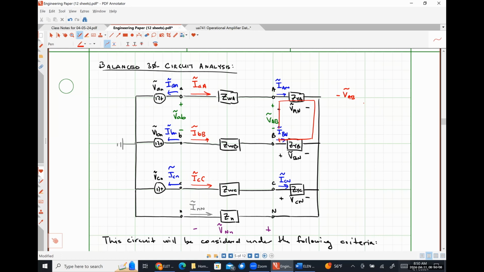Then we see the positive polarity terminal of our voltage VAN. And then we see the negative polarity terminal of our voltage VBN is equal to 0. And so we could move that VAB to the other side of the equal sign, giving us this relationship.